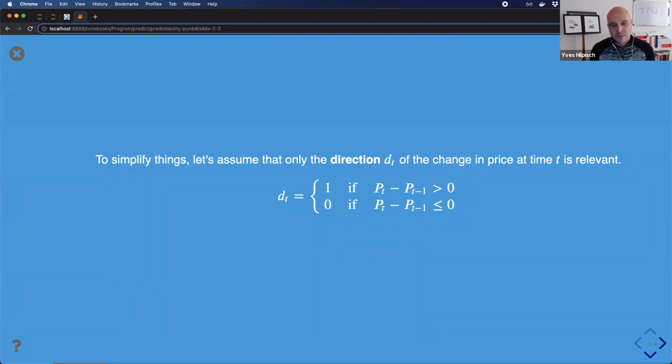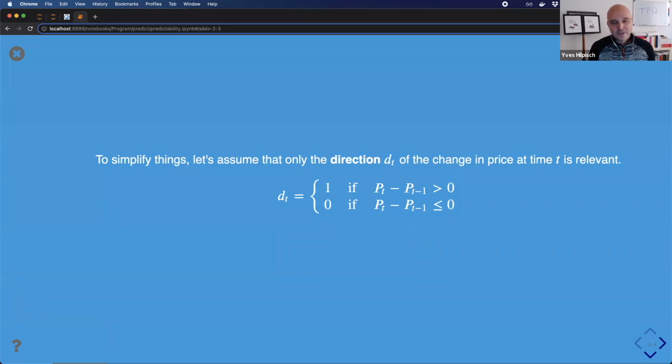So this simplifies things not only from a modeling point of view, but it should be much easier to predict just a direction instead of the magnitude of the movement. The magnitude of the movement is a real valued quantity, mathematically speaking, and to get this correct, it might be good if you could do that, but to keep things simple, again, we are mostly interested in the direction. So when I think in terms of day trading, if I have a prediction that the market goes up, I would go long.